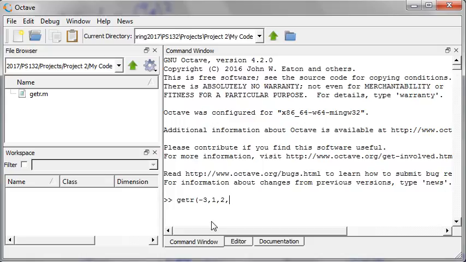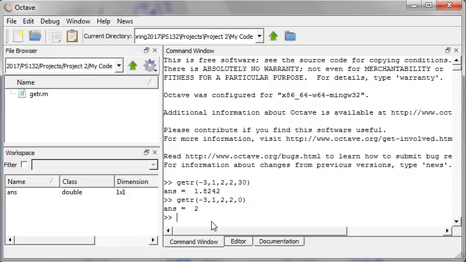And I'm going to put that one to the right. And then let's try it at, say, 30 degrees. Gives me an answer. Let's try it at 0 degrees. So it's given me an answer at 0 degrees.